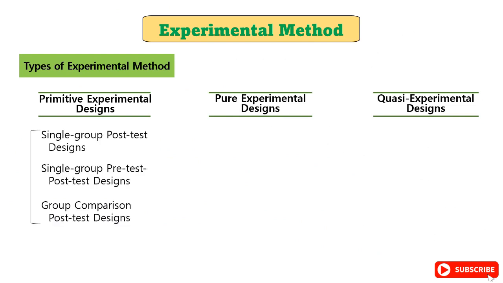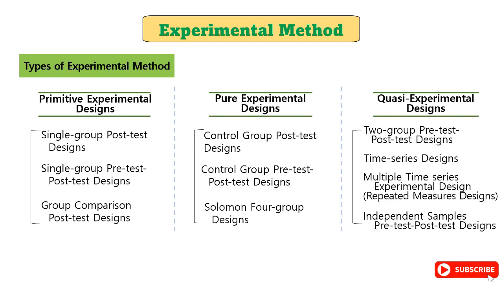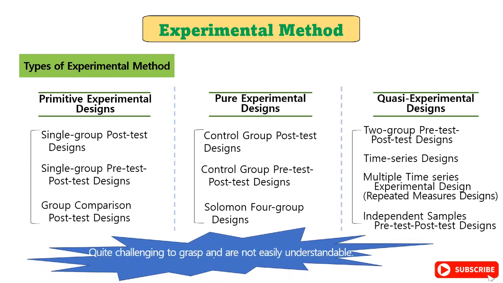Primitive experimental designs can be further divided into three categories, as shown on the screen, while pure experimental designs are also divided into three categories. Quasi-experimental designs, on the other hand, are divided into four categories. These terms can be quite challenging to grasp and are not easily understandable. Therefore, in this lecture, I will focus on explaining only the most important ones.